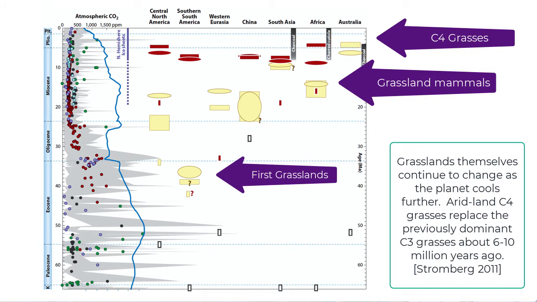One response to increasing aridity is the appearance of the C4 grasses 6 to 10 million years ago. These grasses handled drought much more efficiently than the previously dominant C3 grasses that thrived when the forests were first turned over to grasslands. The drive towards open grassland is paralleled by the spread of desert environments.